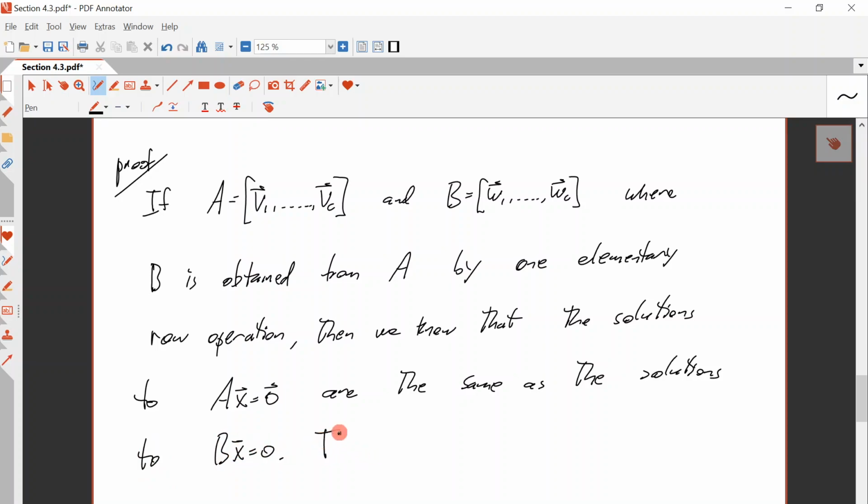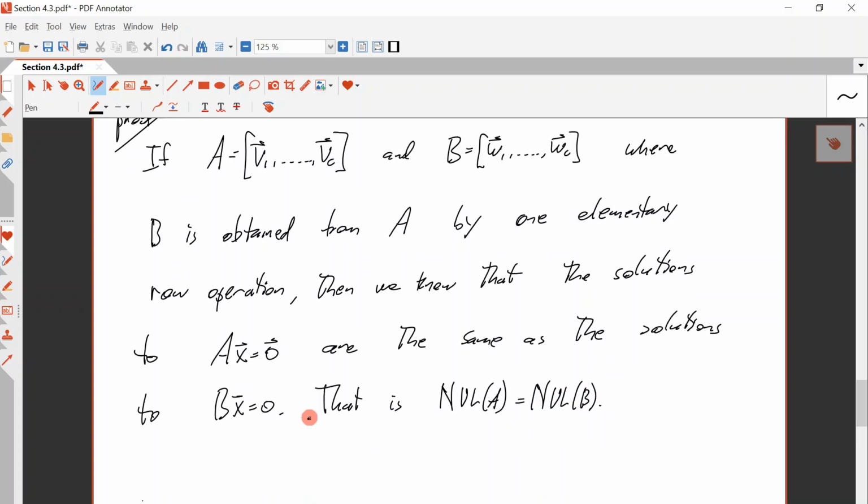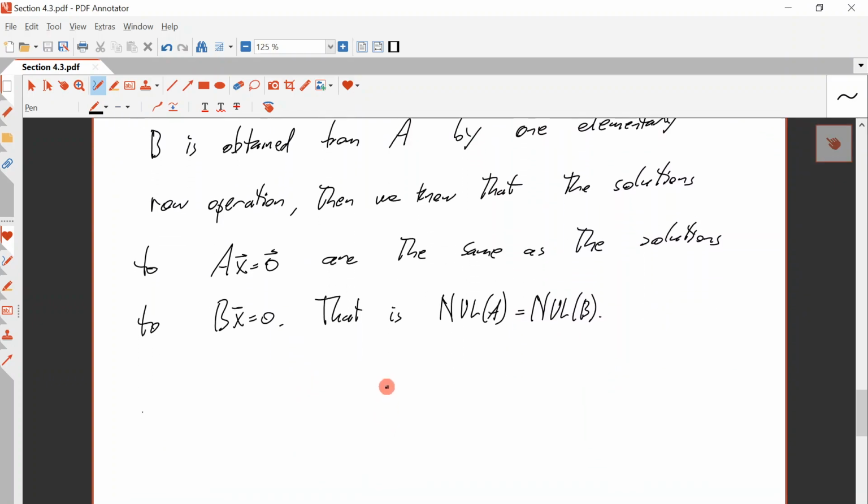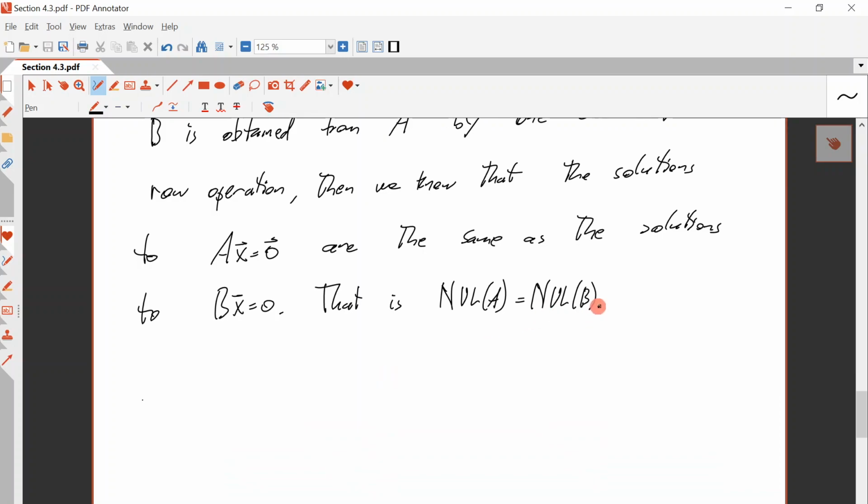That is, the null space of A is equal to the null space of B. The null space of A is equal to the null space of B.